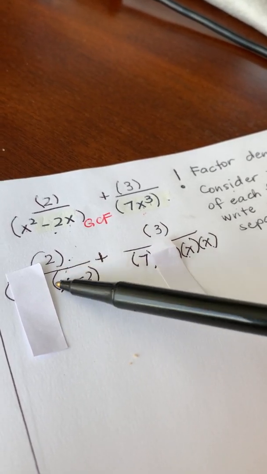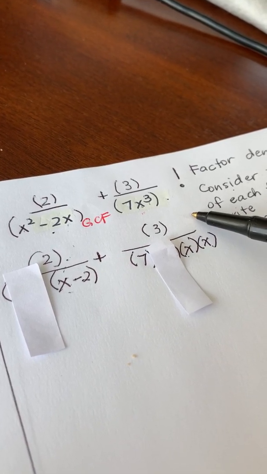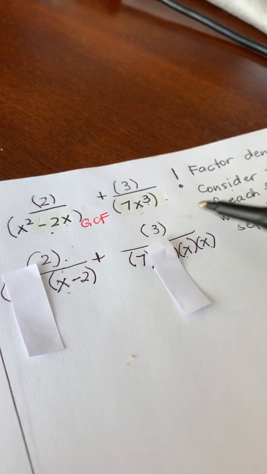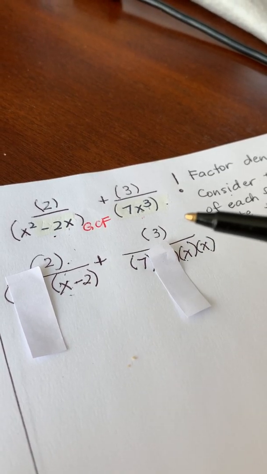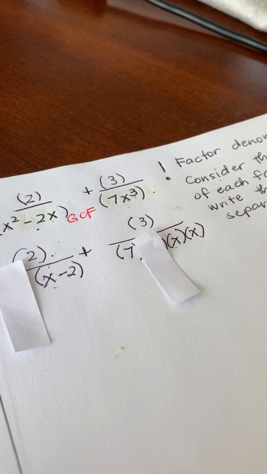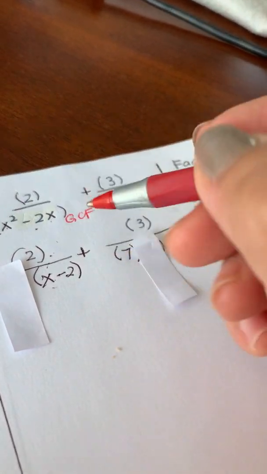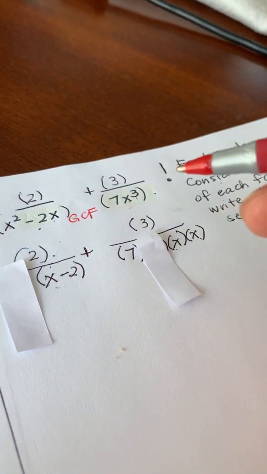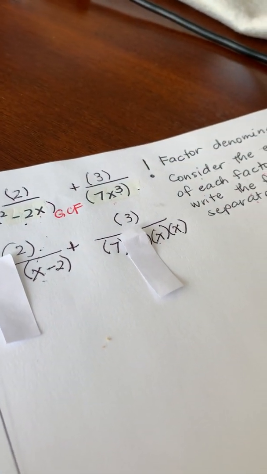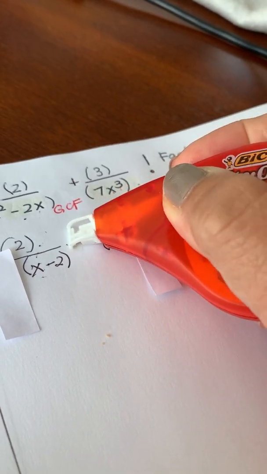And whatever is left here, we're going to multiply this fraction up and down with that one. So I don't have much space here. So let's just try. So this one I'm going to multiply with 7 x times x.